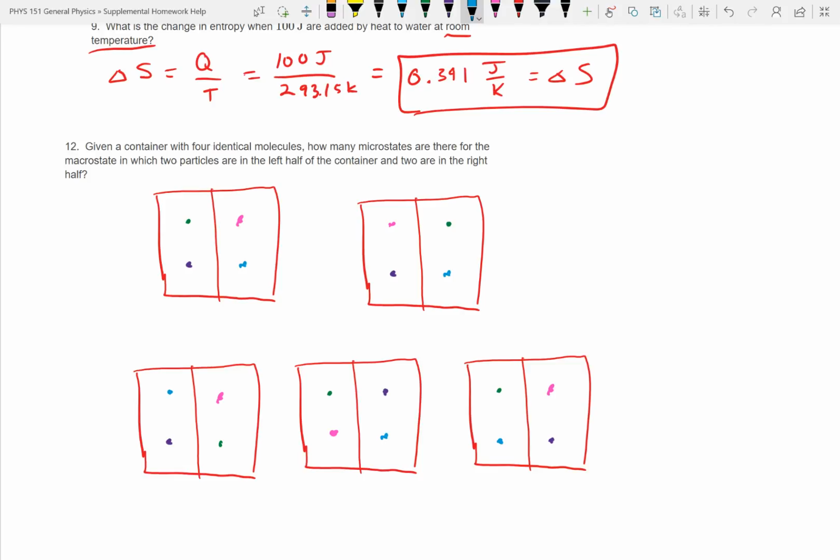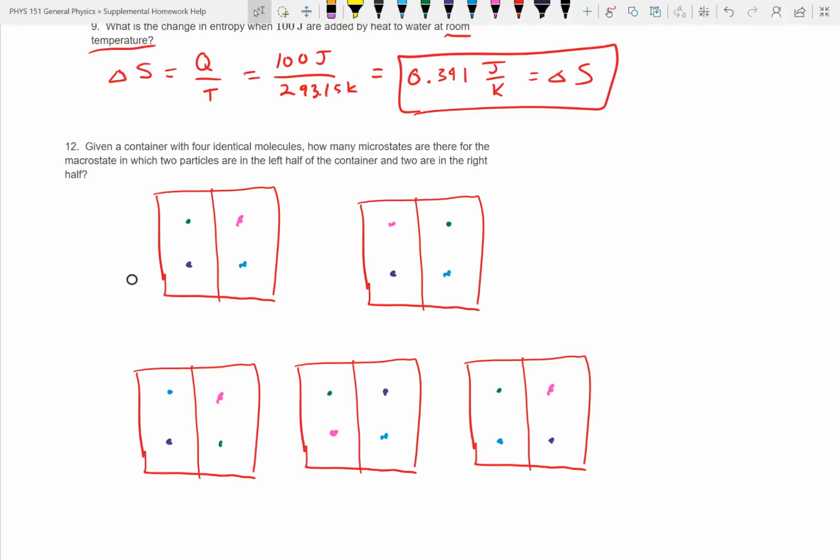So if you look here now, we have green and purple on the left, magenta and purple on the left, blue and purple on the left, green and magenta on the left, and green and light blue on the left. So that should be all of our different options.